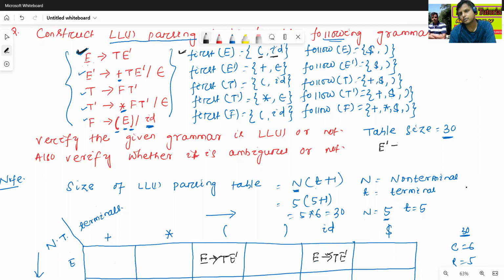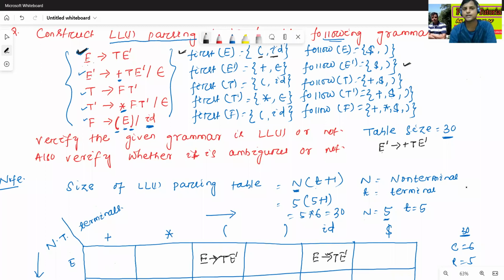So first of E prime equals what? Here first of E prime equals plus and epsilon. If any first contains epsilon, we have to take the follow of E prime.